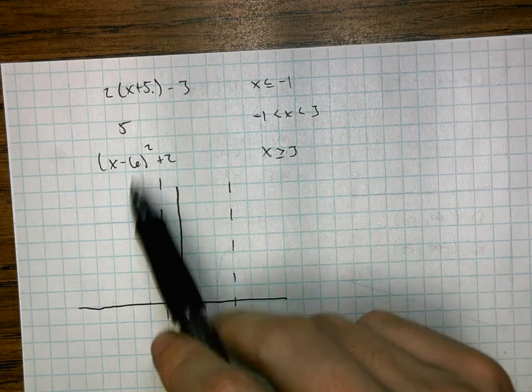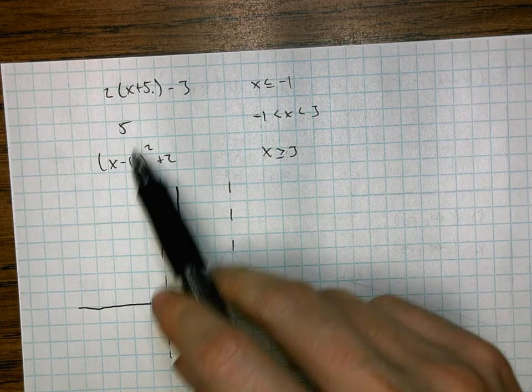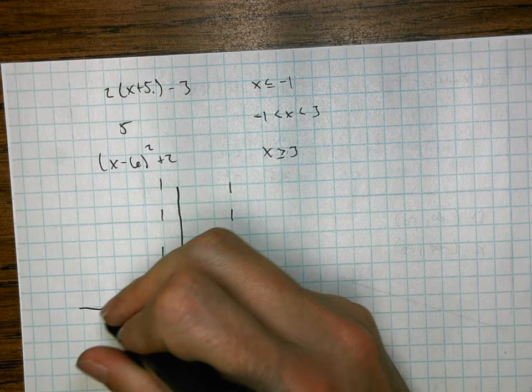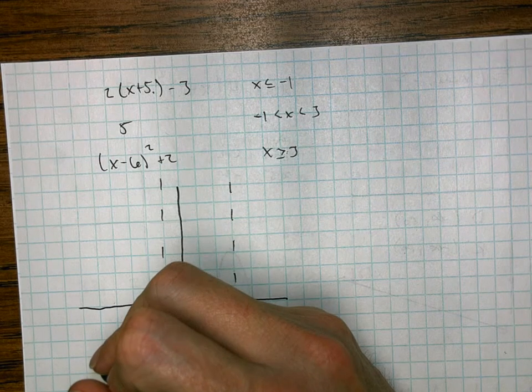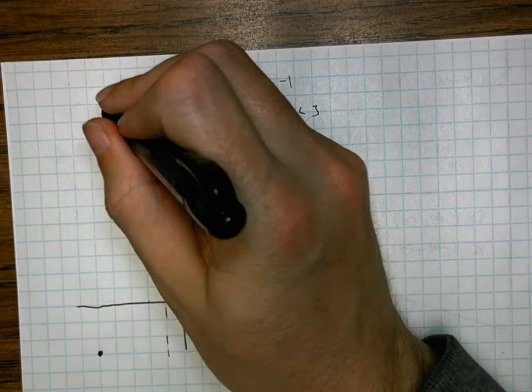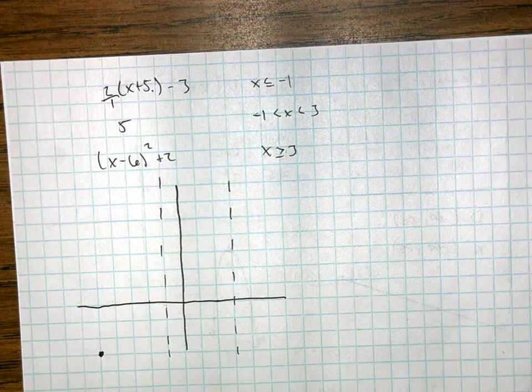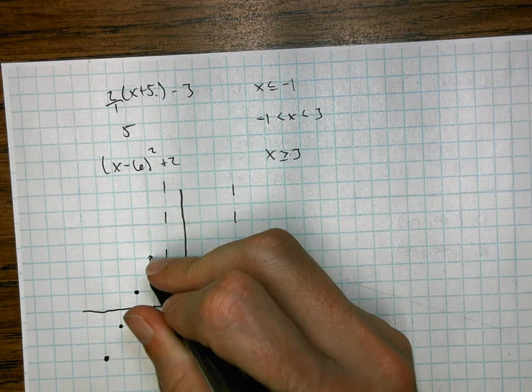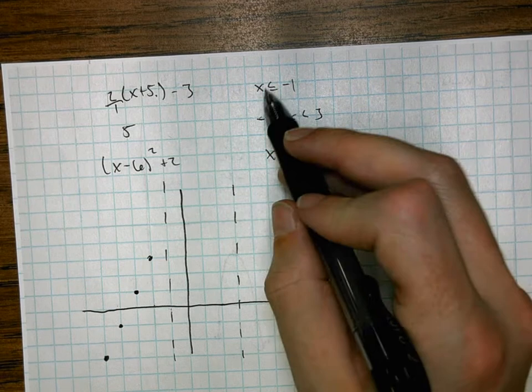Start off with this function. Left 5, down 3. Left 1, 2, 3, 4, 5, down 3. And our rise over run is 2 over 1. So up 2 over 1, up 2 over 1, up 2 over 1, up 2 over 1. It is a closed circle because it has the line underneath it.